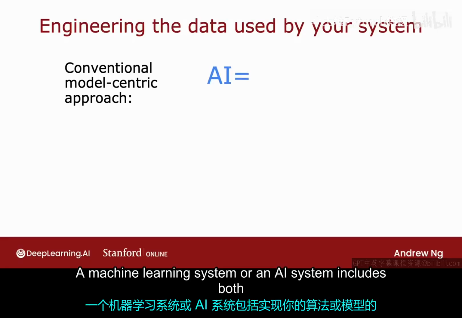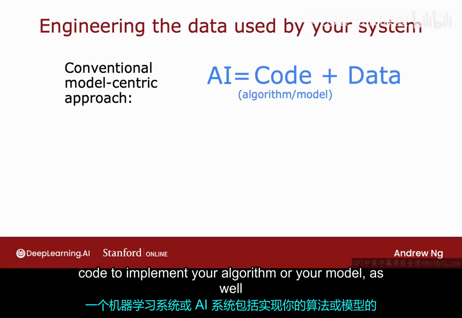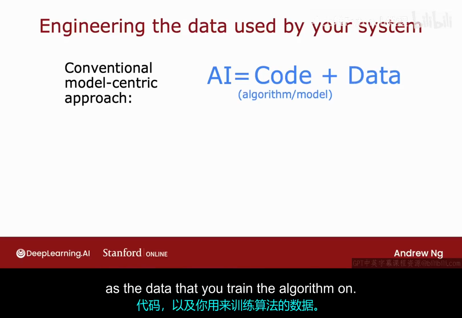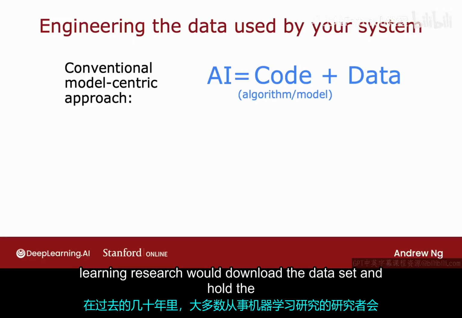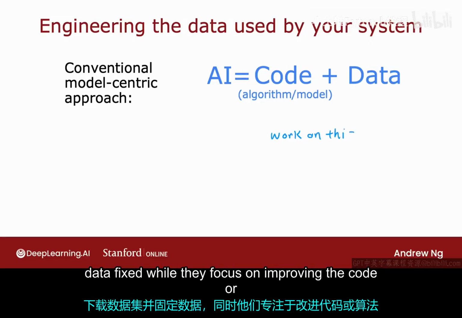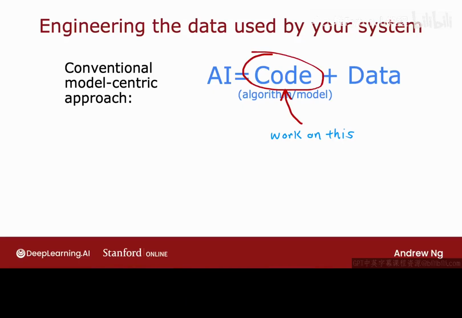A machine learning system or an AI system includes both code to implement your algorithm or your model, as well as the data that you train the algorithm on. And over the last few decades, most researchers doing machine learning research would download the data set and hold the data fixed while they focus on improving the code or the algorithm or the model.